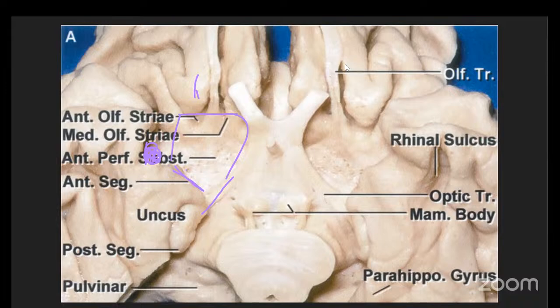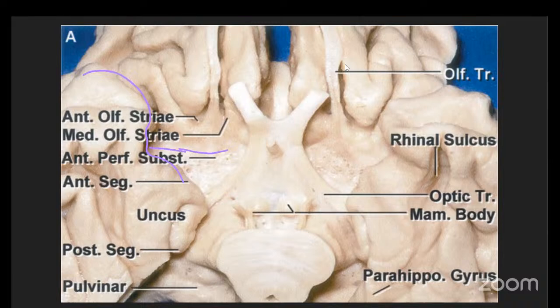Am I clear so far? Once we retract this region here, you see this is the temporal lobe. Once we retract it, this depression, this Sylvian cistern, is going to continue laterally.